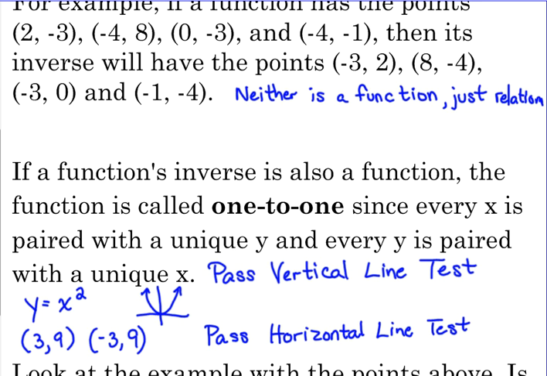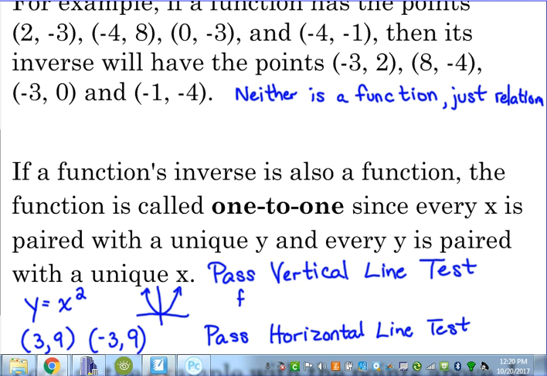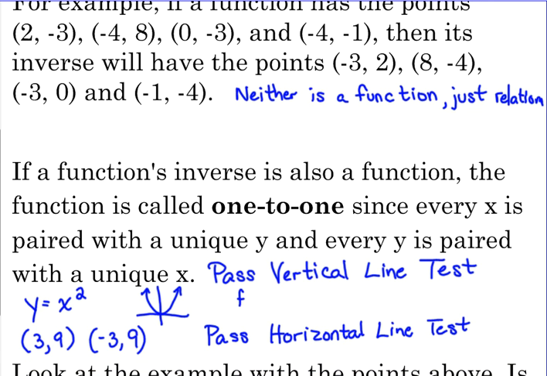We've got two different tests. The vertical line test tells us if the original is a function: if it passes the vertical line test, it's a function.